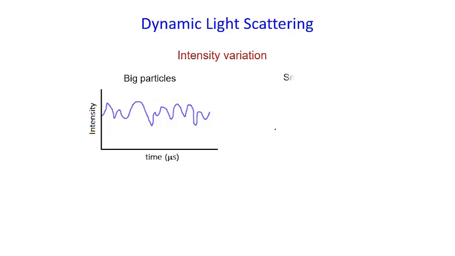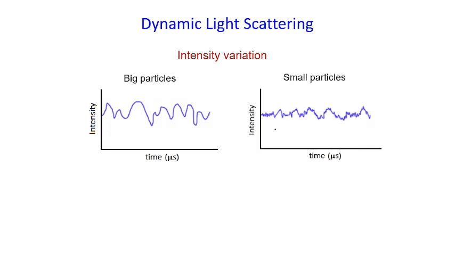And on the other hand, for smaller particles, this intensity fluctuation is quicker, or the frequency of this fluctuation is higher. So that is how you can see how this intensity fluctuation is related to the particle size and how the smaller particles can be distinguished from the bigger ones. Okay.